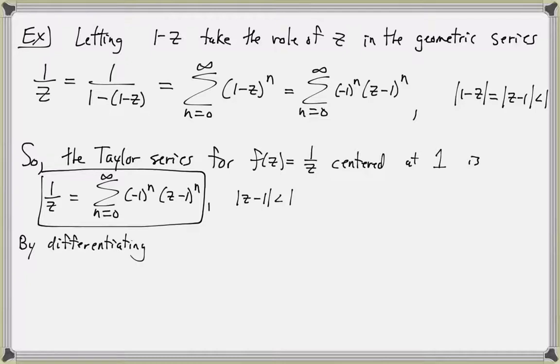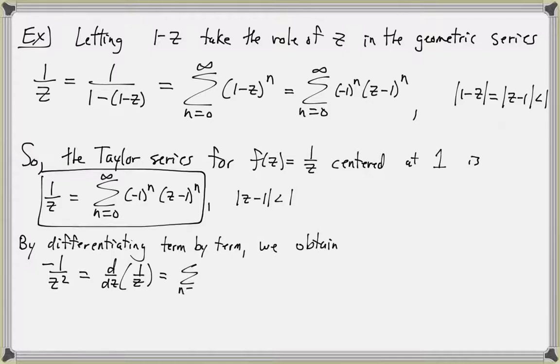By differentiating term by term, we obtain the following. Well, the derivative of 1 over z would be negative 1 over z squared, and that's the derivative of 1 over z. And so then taking the derivative inside of the series, taking the derivative term by term of negative 1 to the n of z minus 1 to the n, we obtain the series n equals 0 to infinity.